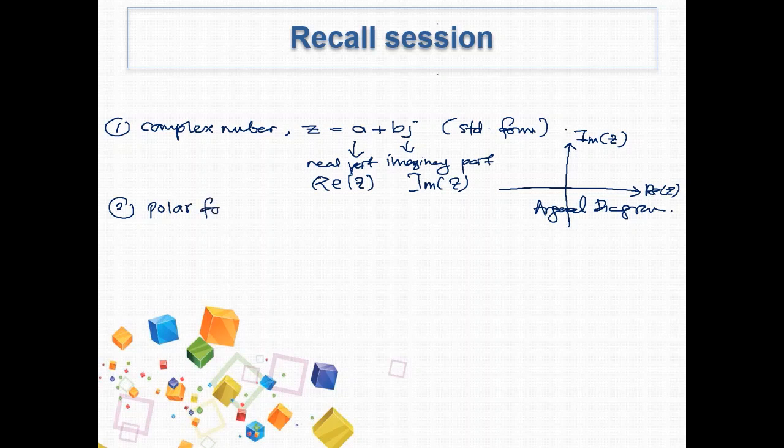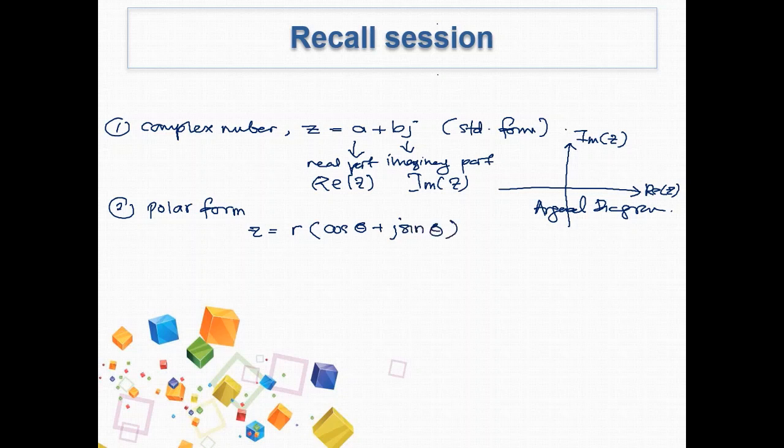Besides standard form, you can also represent a complex number in polar form. In polar form, we write the complex number in a trigonometric function. So our Z is written as r(cos theta plus j sin theta).